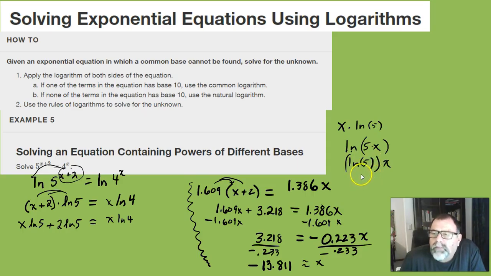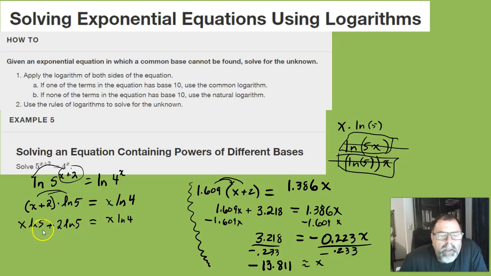So to avoid that confusion, if I don't want to write parentheses, I write the x in front, because again, multiplication is commutative, so the order doesn't matter. But these two numbers are totally different things. So you want to be careful how you write it.